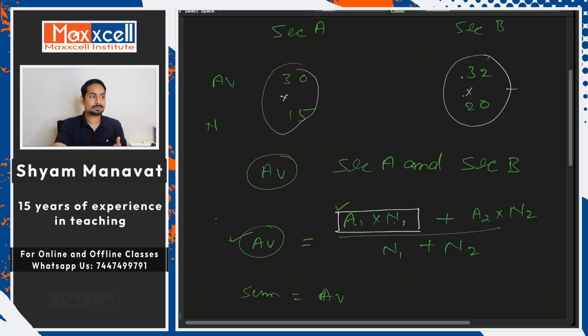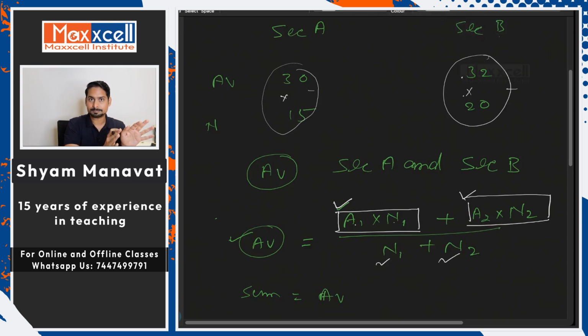And then you write the sum of marks of section A plus the sum of marks of section B, divided by the number of students in section A plus the number of students in section B. That gives you the average, sum of values by number of values, right? So no rocket science, it will be easy to remember.